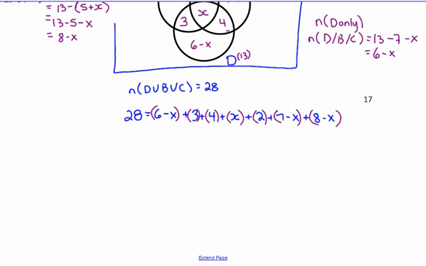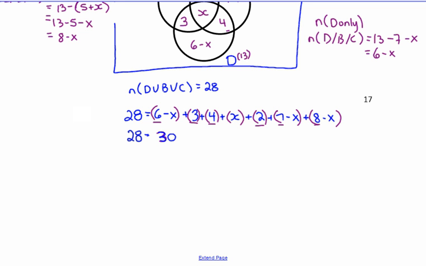Okay, so we can collect some like terms here. With addition, we actually don't really need brackets. So let's add the numbers together first. 6 plus 3, 9 plus 4, 13 plus 2, 15 plus 7, 22, 22 plus 8, 30.